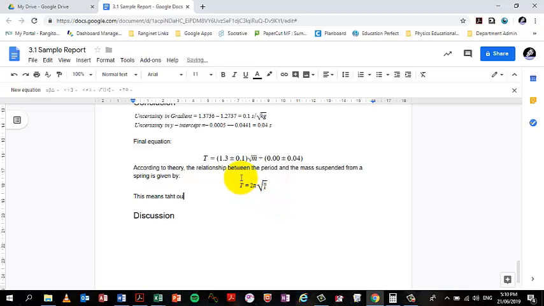This means that, what we can say then is, the spring constant of the spring we used was stated to be approximately 25 newtons per meter. And if we plug that in here, what gradient ought we to get?